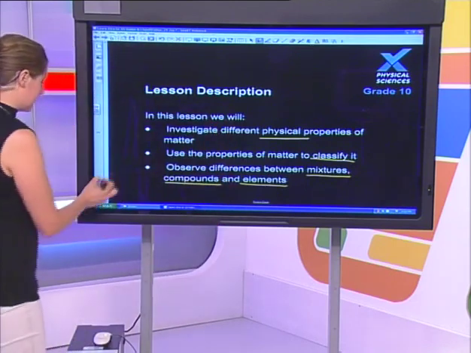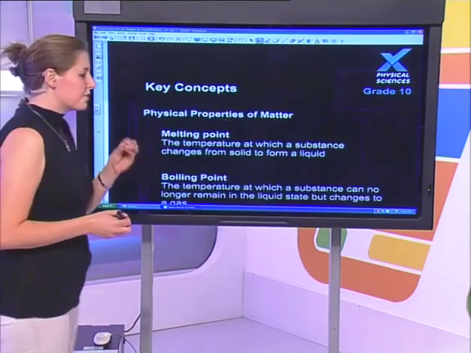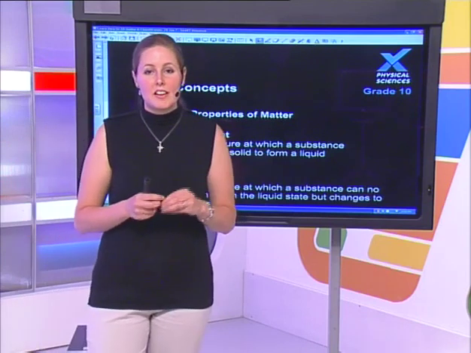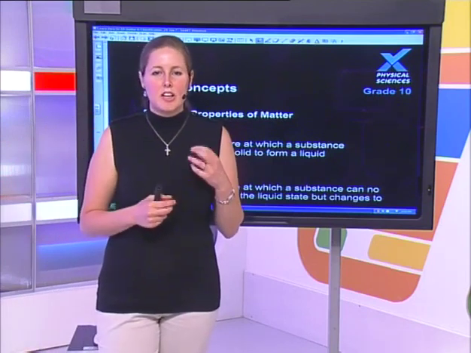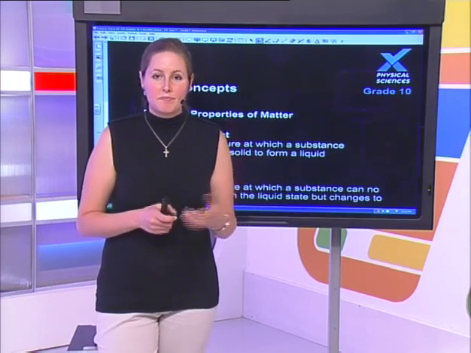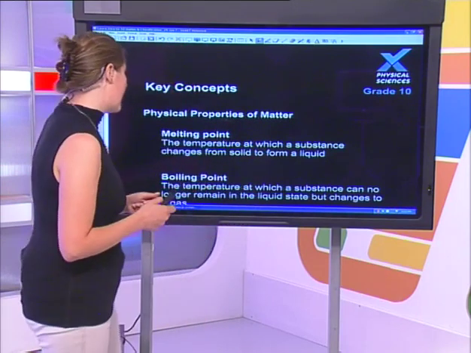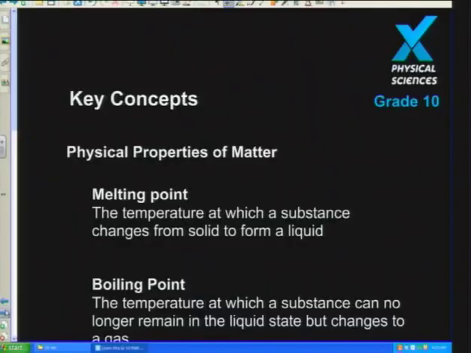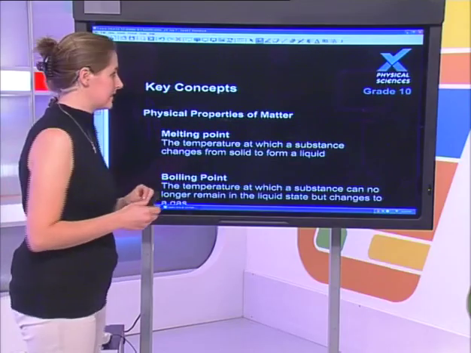Let's get straight into it. Firstly, we need to make sure that we've got a very clear understanding of all these definitions that you're going to be faced with in this chapter. Let's have a look at the first one. These are key concepts. I highly recommend that you jot some of these down and make sure that they are very clear in your minds.